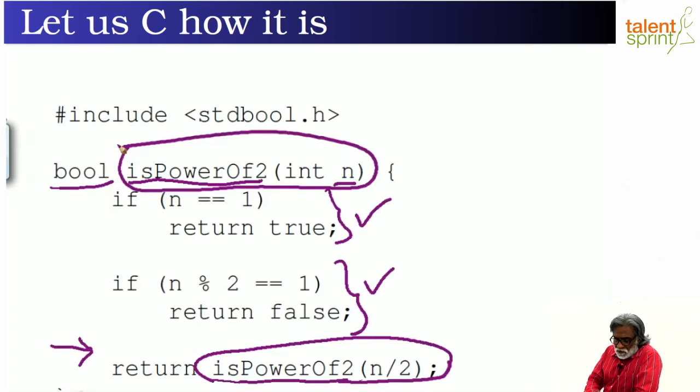If both cases don't apply, the recursive case applies. What do we say? We have a number which is even, so divided by 2, whatever that number is, that is the original number's fate. If the number divided by 2 is a power of 2, so is the original. If the number divided by 2 is not a power of 2, neither is the original.